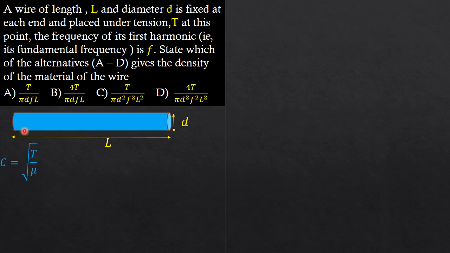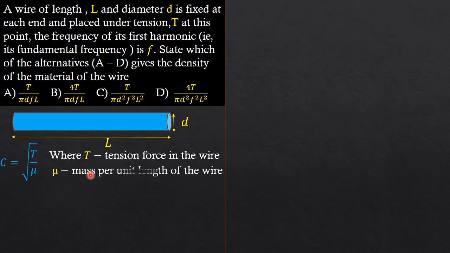So symbols in physics must be defined such that you can give meaning to all those symbols. So first, we are going to tell them that T is the tension force on the wire, and that mu is the mass per unit length of the wire. It is sometimes referred to as the linear density of the wire.